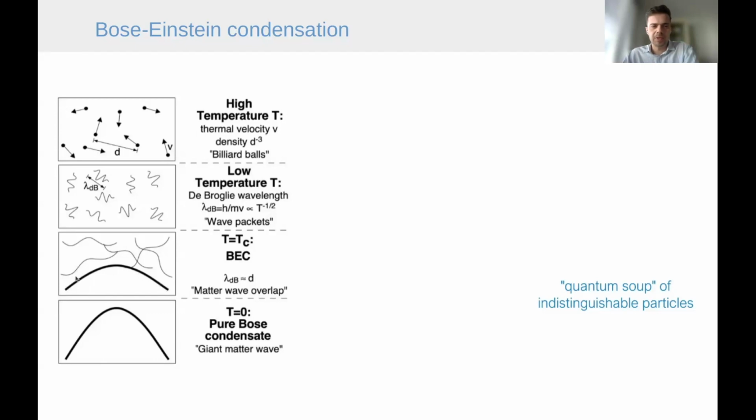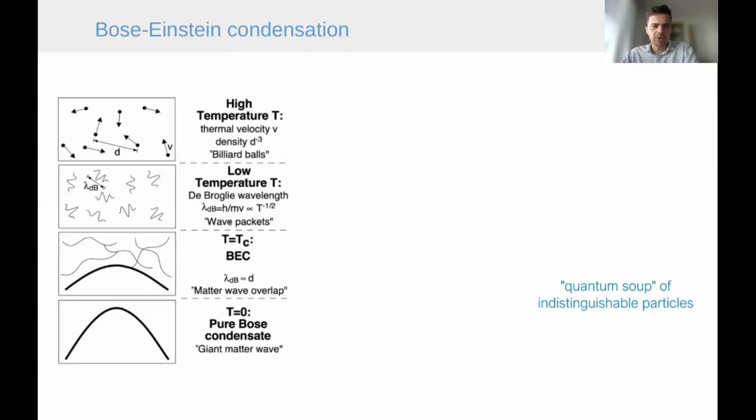So there are very many particles in this lowest energy state. This is, of course, something characteristic for bosons, because as we know, for fermions we cannot have more than one particle in a certain state. But for bosons, this is not a problem. Actually, bosons like to stay in the same quantum state.